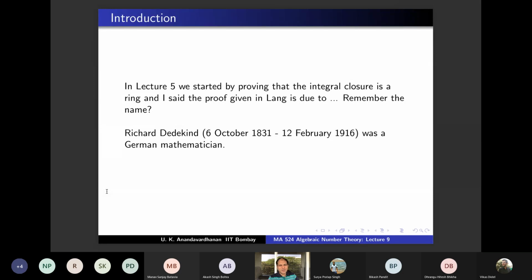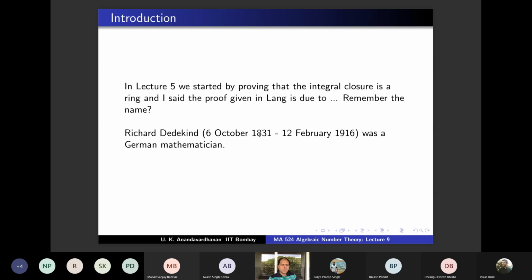As usual, all the mathematicians coming in our lectures are German. Is there any non-German mathematician who has come in our lectures? In Artin-Whaples, Artin is German, Austrian maybe, so that region, and Whaples I think is an American. Other than that, I think all were Germans. So Dedekind is also German.